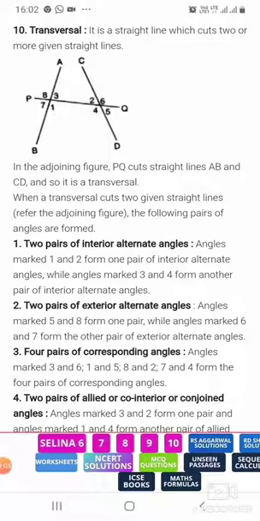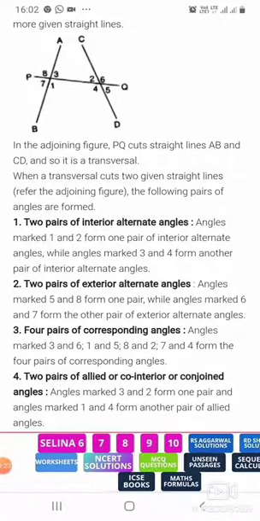At the same time, 3 and 4 are also interior alternate angles. So here we got two pairs. Of 1, 2, 3, 4, the interior angles, 1 and 2 are one set of interior alternate angles, and 3 and 4 are another set.